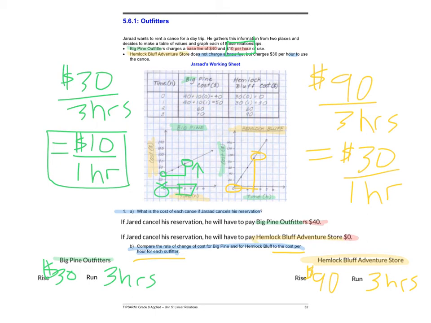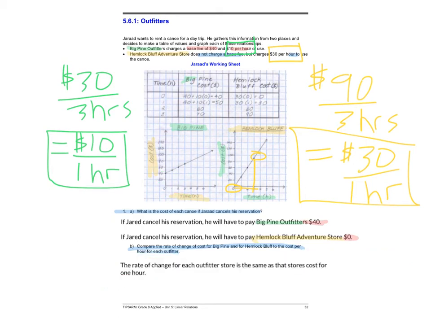So our rate of change is our cost for each hour. For Hemlock, $30 for 1 hour matches up with our charge of $30 an hour. What this means is our rate of change is our cost per hour for both questions.